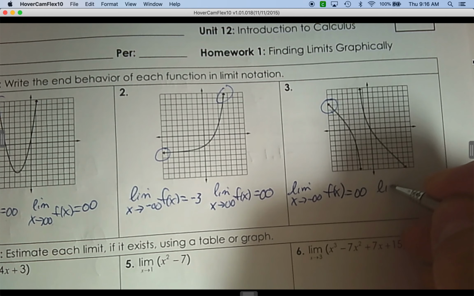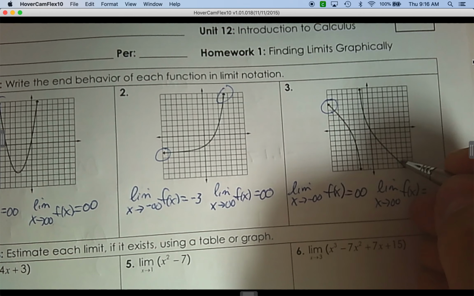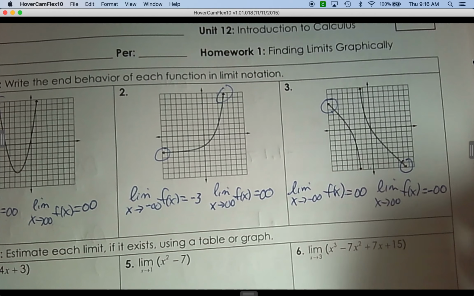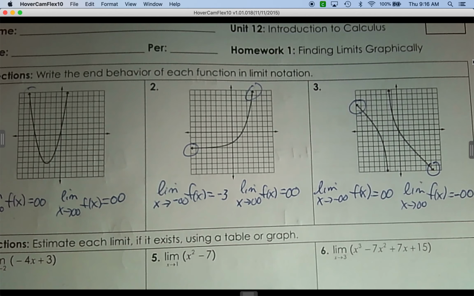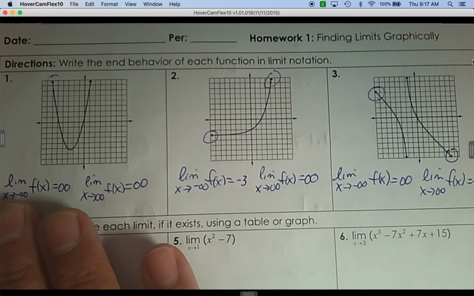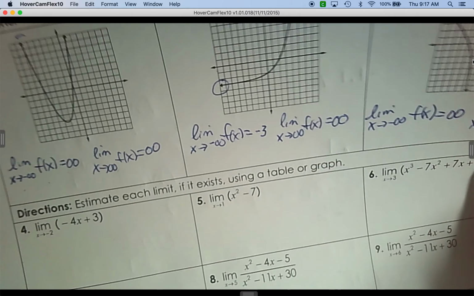The right end behavior, the limit as x approaches infinity of f at x equals, and then where's the right end going? You can see the right end is going down or to negative infinity. So this is more practicing limit notation and knowing how to read the limit and how to write the limit.